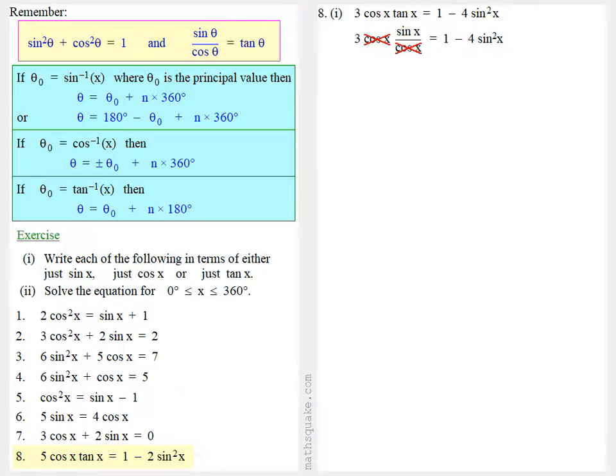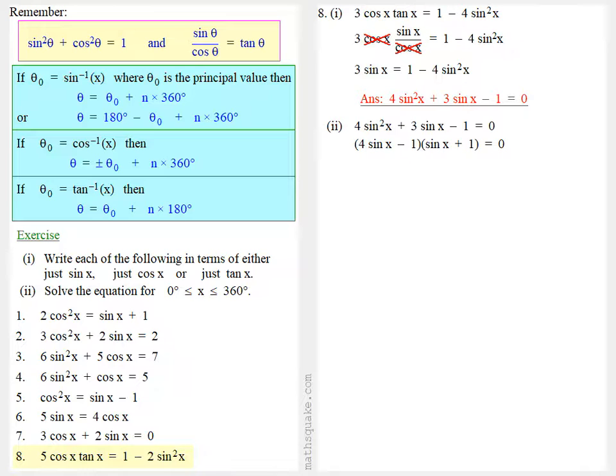Now that leaves us with 3 sine x equals 1 minus 4 sine squared x, which can be rearranged to give 4 sine squared x plus 3 sine x minus 1 equals 0. Now that's a quadratic equation in sine x, and so we can factorise it as 4 sine x minus 1 into sine x plus 1 equals 0.